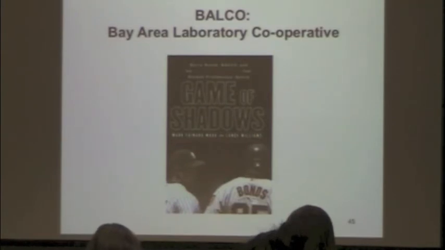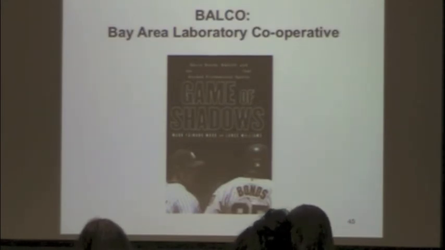And they specialized in providing them to athletes like Barry Bonds. And this guy came out with a book called Game of Shadows, in which he detailed the goings-on at this company and how they provided athletes with these designer drugs designed to escape detection.